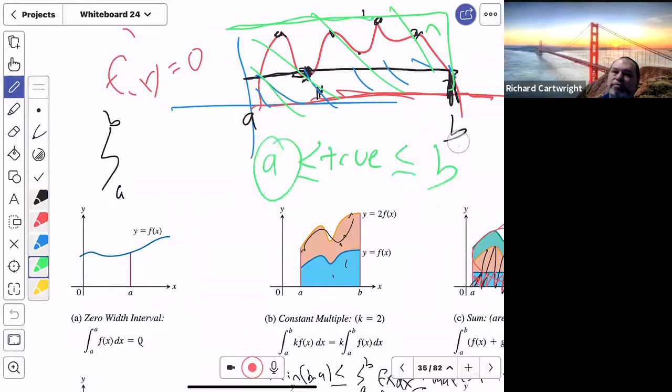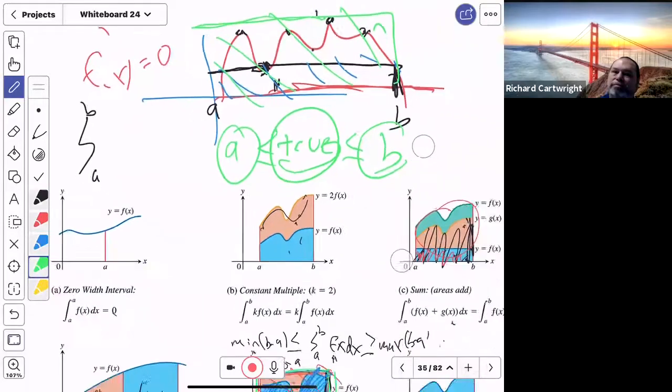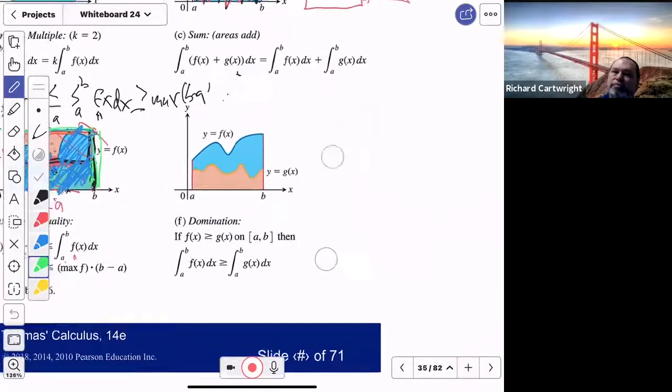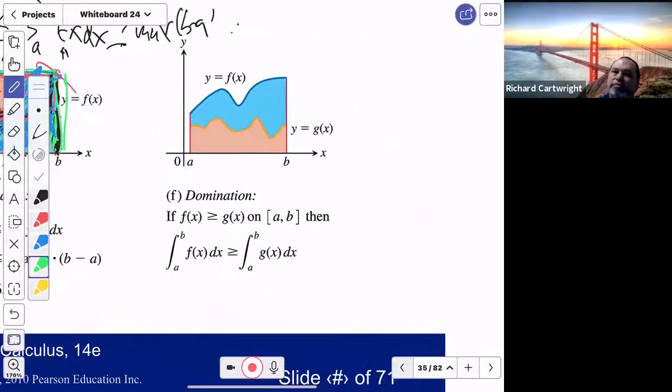Whatever that area was, all you have is a guess at what that integral is. Okay? I don't play guessing games, that's why I don't really care about it that much, but it is kind of interesting. And there's the dominance property: obviously if f of x is above this g of x, then the total area under f has to be more than that area.